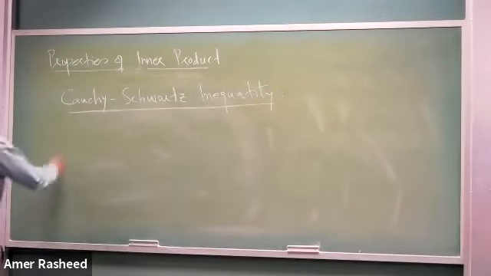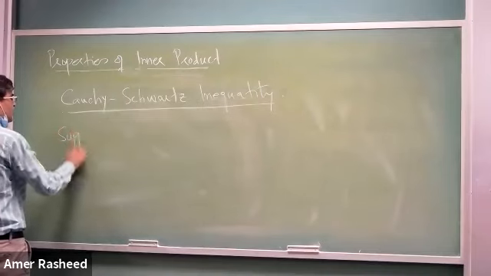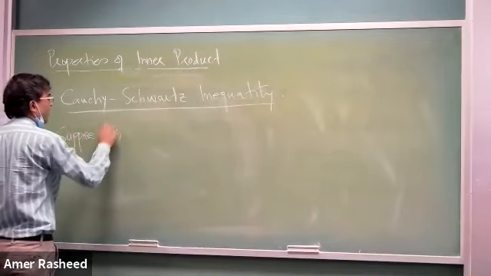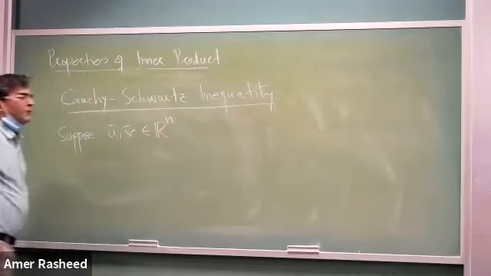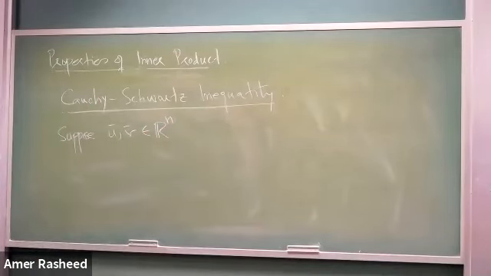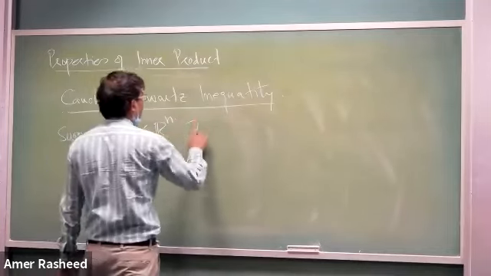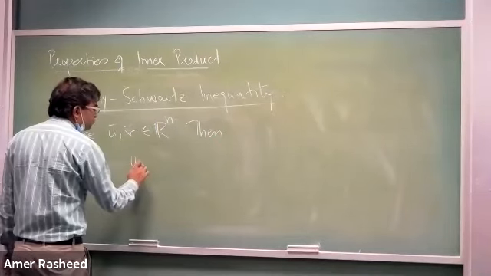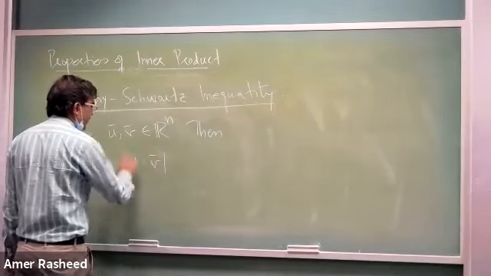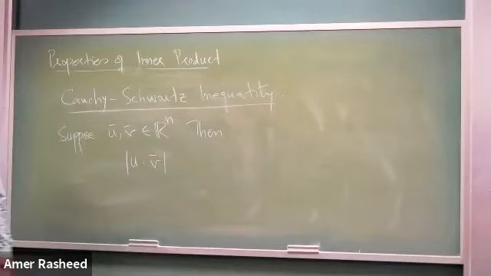This property says that suppose u and v are two vectors in Rn, then the absolute value of u dot v, the inner product, is a mod value.